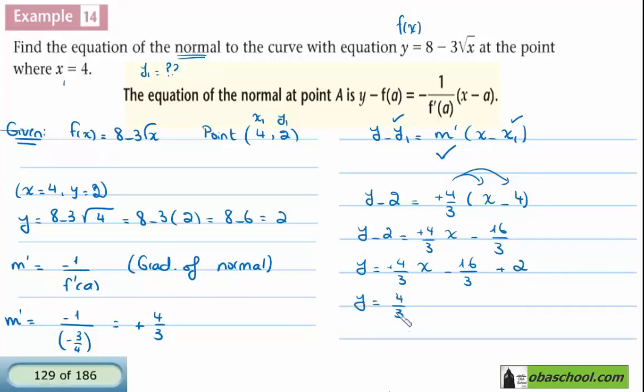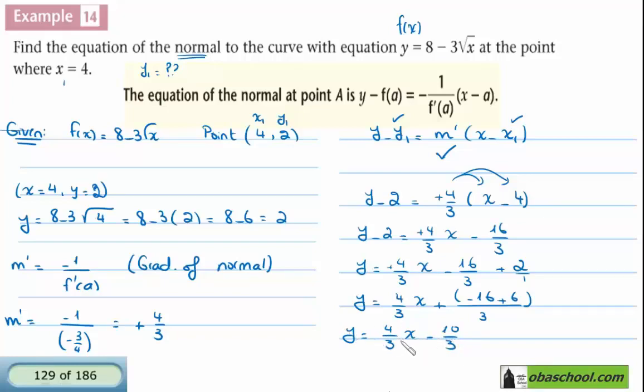Let's take a common denominator for the constants. So we get 4 over 3 x plus, we can take 3 as a common denominator, it will be minus 16 plus 6. This is equal to 4 over 3 x minus 10 over 3.